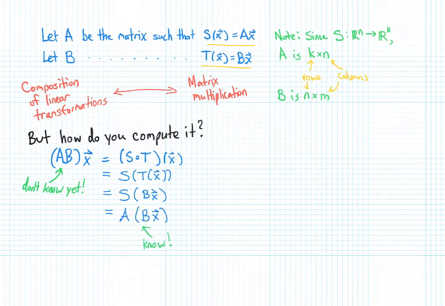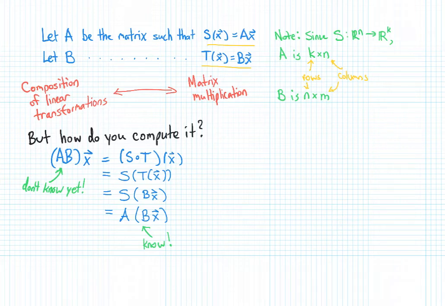And so we end up with A times (B times x), which might seem like it's not really any different from what we started with, but it actually is because the parentheses are different. And this we know how to do because we know how to multiply a matrix times a vector. So when we do B times x, that's multiplying a matrix times a vector.